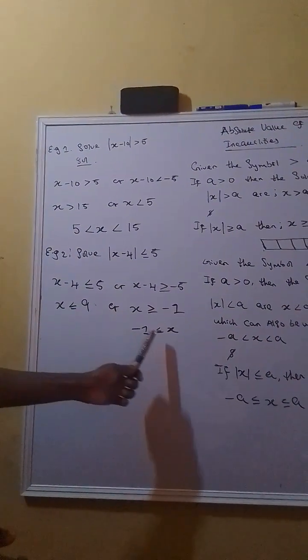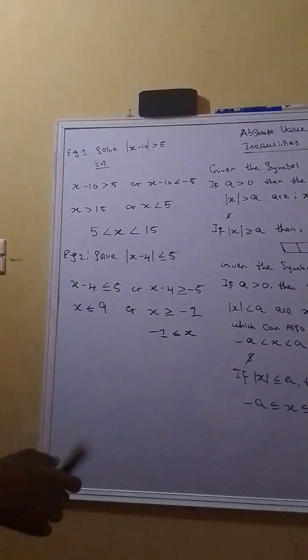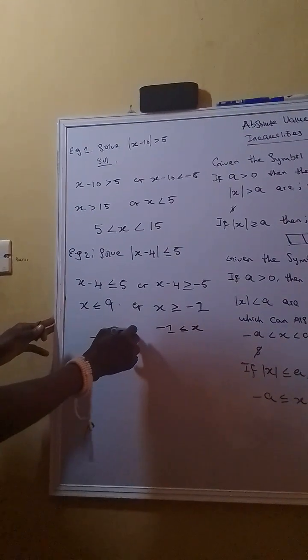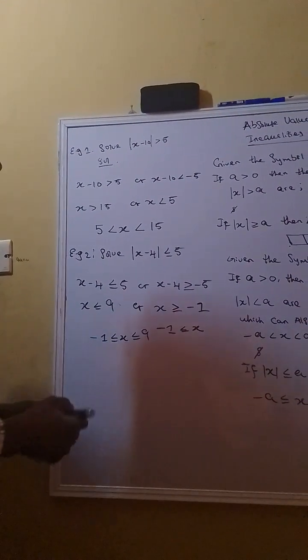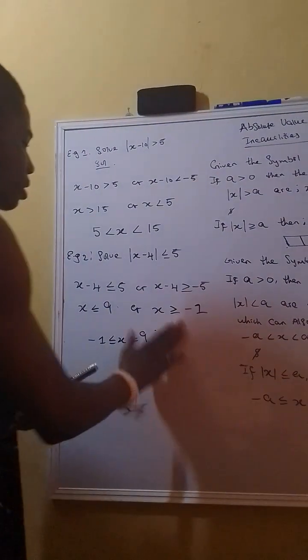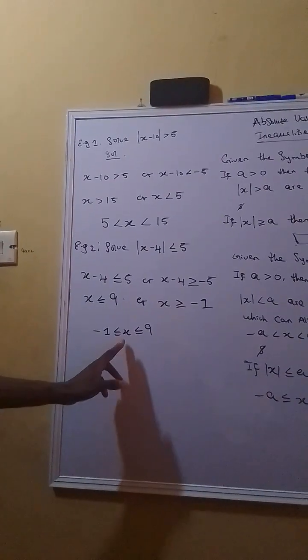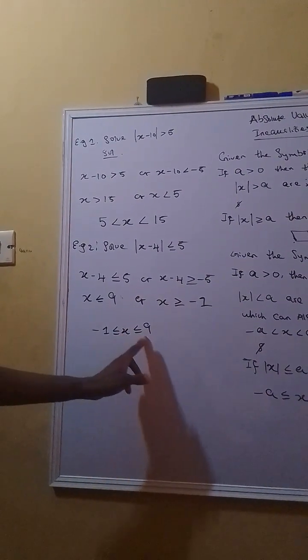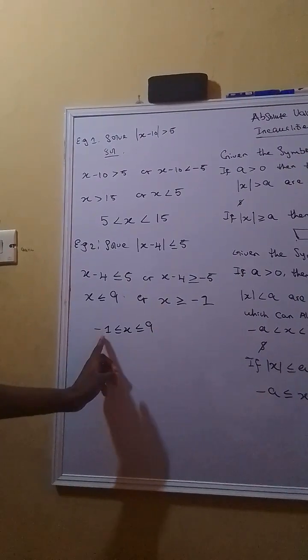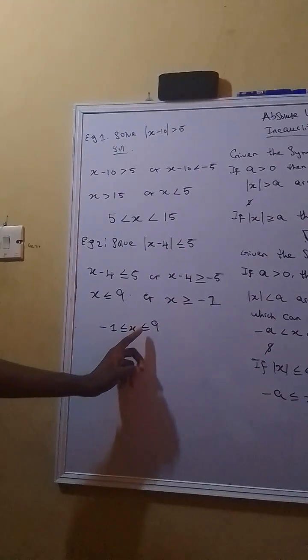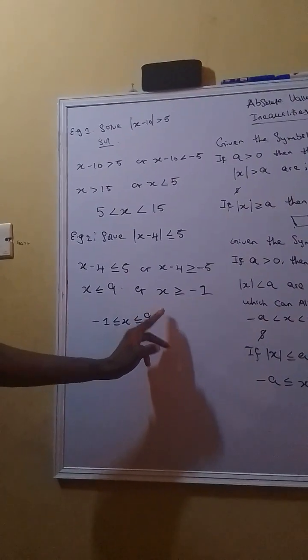So if minus 1 is less than or equal to x, when you want to put it in the normal range, you have minus 1 less than or equal to x, and also less than or equal to 9. Inserting any value like 0 here, 0 is less than or equal to 9, and minus 1 is less than 0. Inserting 2, minus 1 is less than 2 and also less than 9.